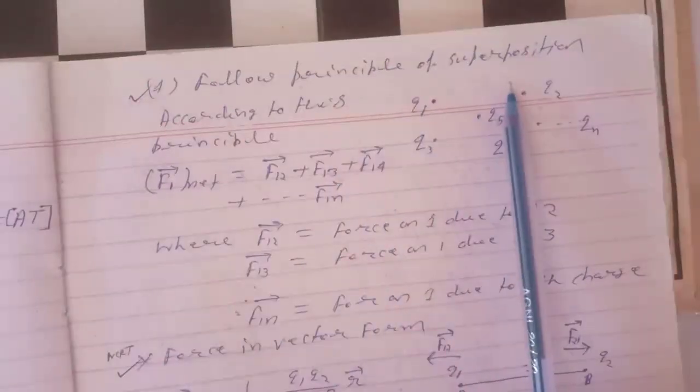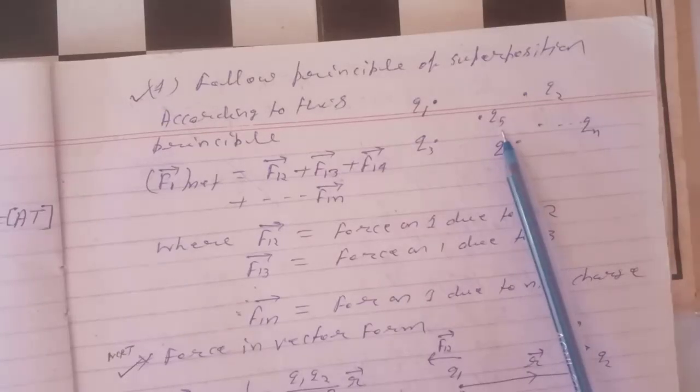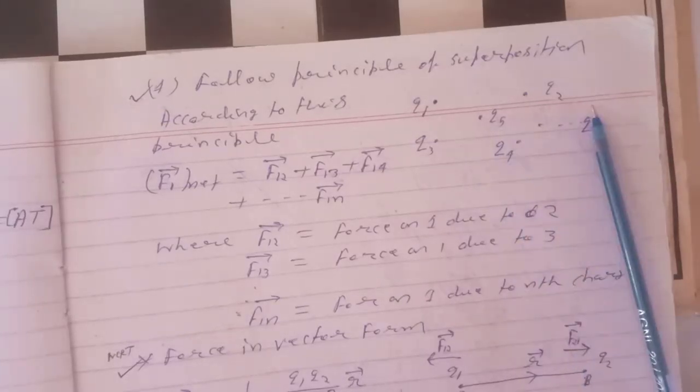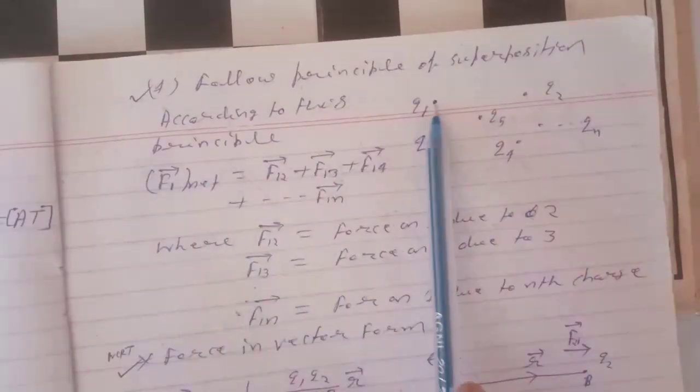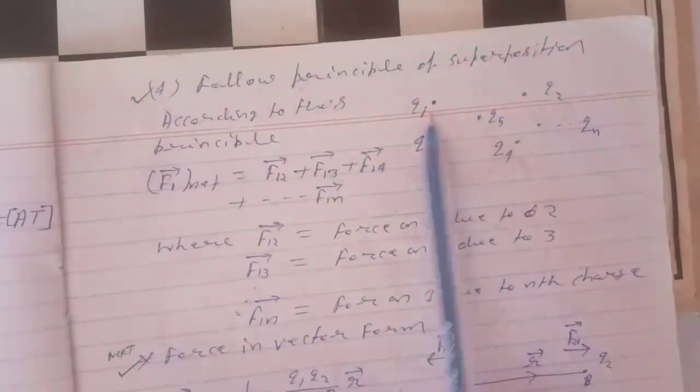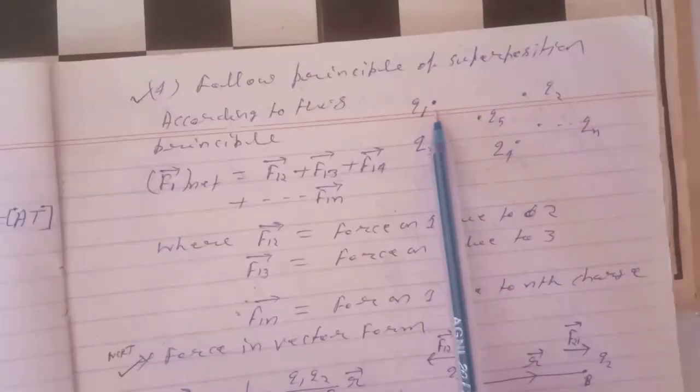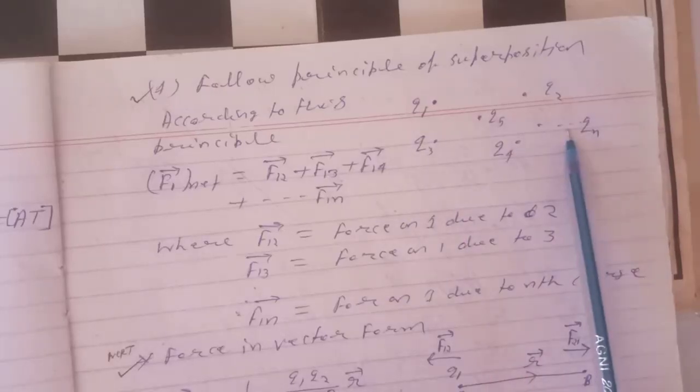Next, fourth, Coulomb force follows the principle of superposition. According to this principle, if there are several charges and we have to find the force due to them on a single charge, then the net force on this single charge will be the sum of the forces due to all the charges. For example, if we consider the force on charge 1, then the net force F1 vector will be the force on charge 1 due to 2, due to 3, due to 4, and so on up to due to n.